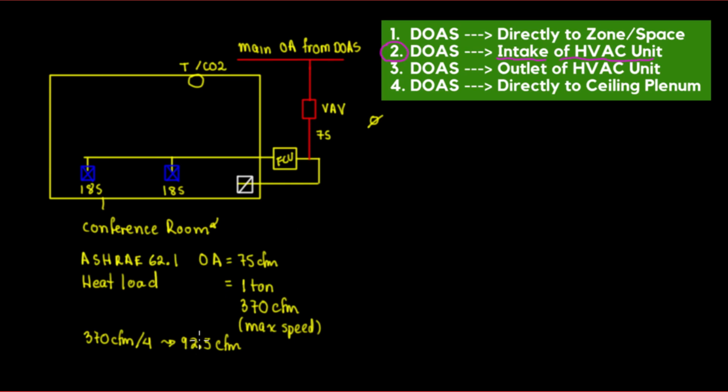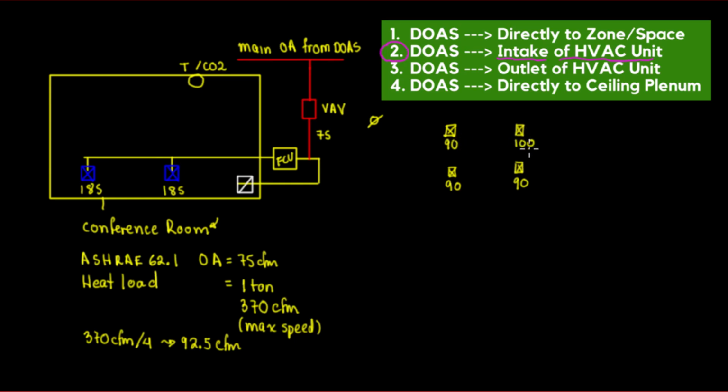In this case, with this 92.5, what we can do is have 1, 2, 3, 4. Those are going to be my supply diffusers, but I could make this, for example, 90, 90, 90, and this one would be 100.